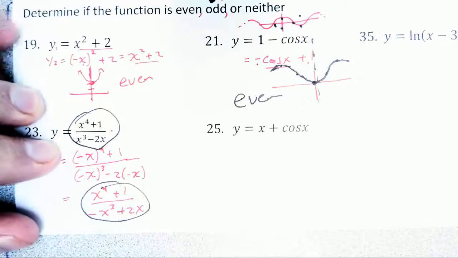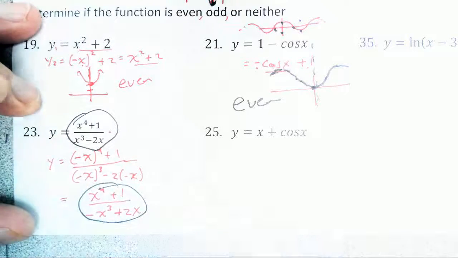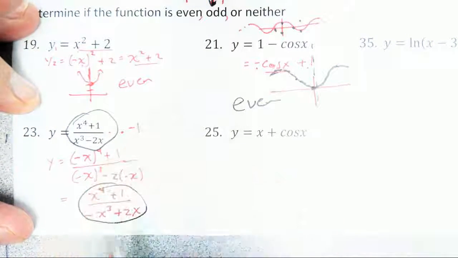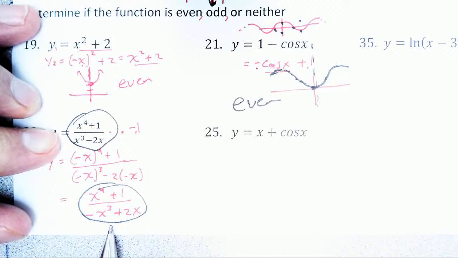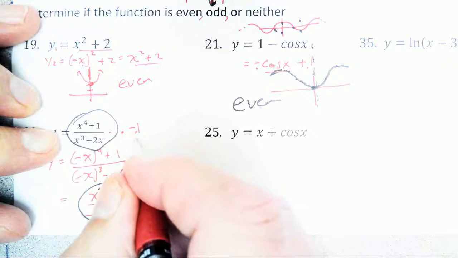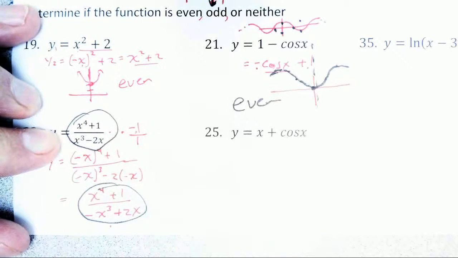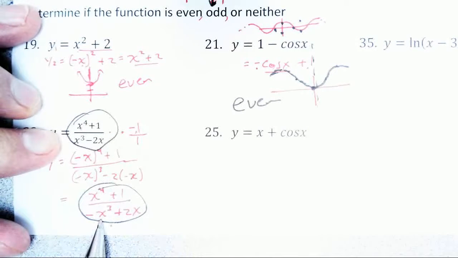What if, for them to be opposites, like 7 is opposite of negative 7, I'd multiply by negative 1. So if I take this thing times negative 1, can I make it become this? If I multiply by negative 1, my choice is either multiply by negative 1 on the numerator, and I'd get negative x to the fourth minus 1 over x cubed minus 2x.